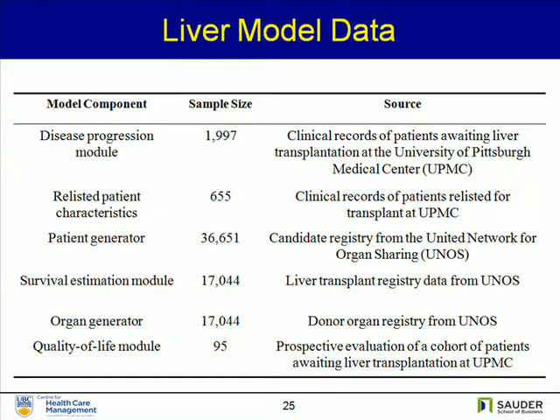So we had data available to us from the University of Pittsburgh Medical Center to do that. A lot of our data on patient generation, how many patients are listing for transplant each year, and what the breakdown is by different demographic factors, came from UNOS, as well as information on how frequently organs become available and with what characteristics.